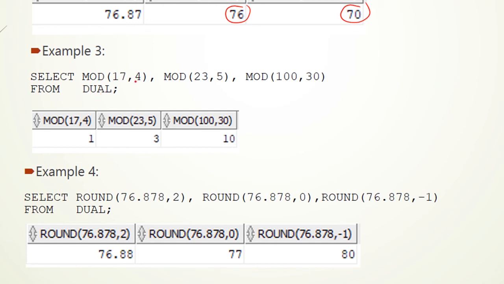Mod 17,4: what is the remainder of 17 divided by 4? 17 over 4 is 4, and the remainder is 1. Mod 23,5: 23 divided by 5 is 4, and the remainder is 3. Mod 100,30: 100 divided by 30 is 3 and the remainder is 10.